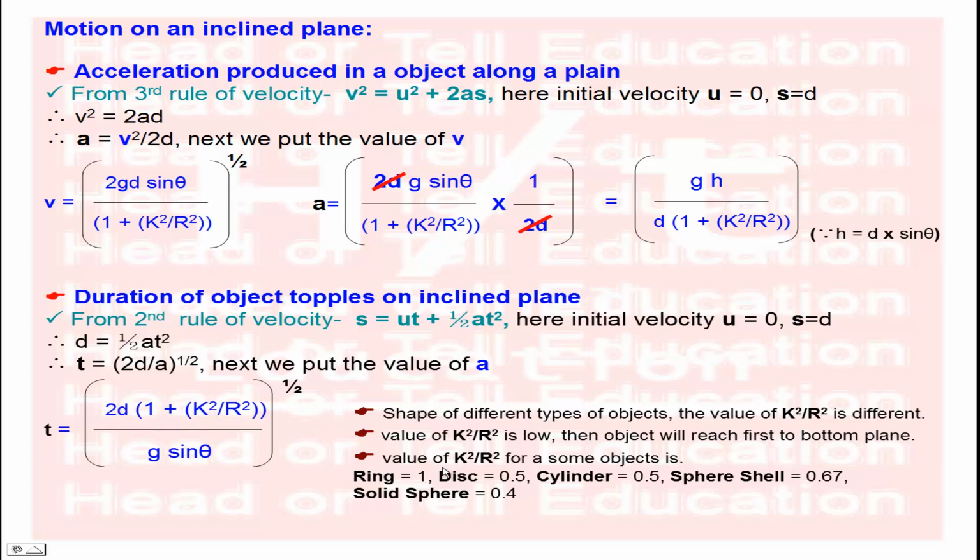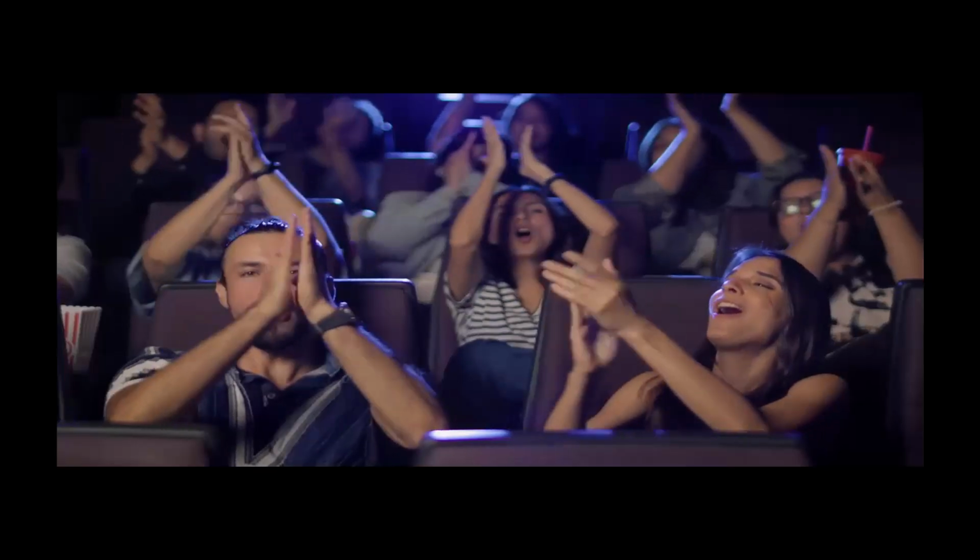The value of k square by r square for some objects: a ring equals 1, a disk equals 0.5, a cylinder also equals 0.5, a spherical shell equals 0.67, and a solid sphere equals 0.4.